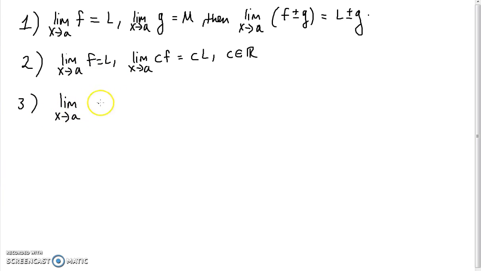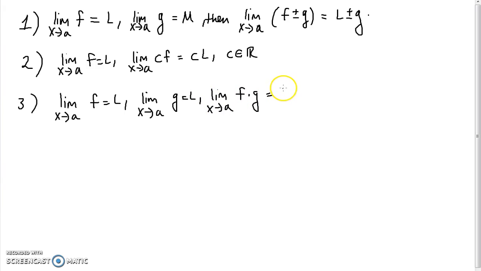If the limit as x approaches A of f is equal to L, and the limit as x approaches A of g is equal to m, then the limit as x approaches A of f multiplied by g is equal to L multiplied by m.